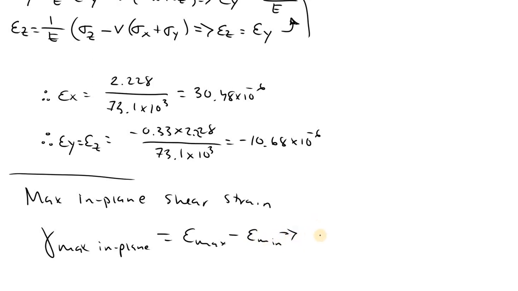That is 30.48 minus negative 10.68, which again times 10 to the negative 6 is 41.16 times 10 to the negative 6.